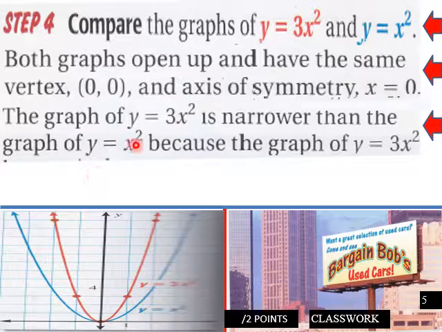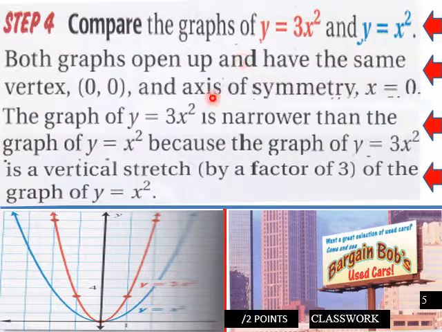Because the graph of y equals 3x squared is a vertical stretch by a factor of 3 of the graph of y equals x squared. So they call this a vertical stretch too, okay?